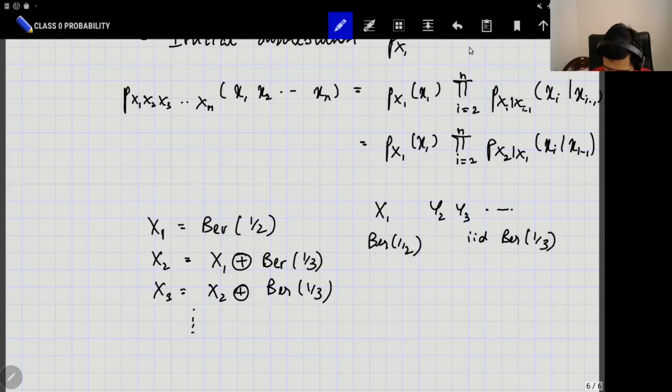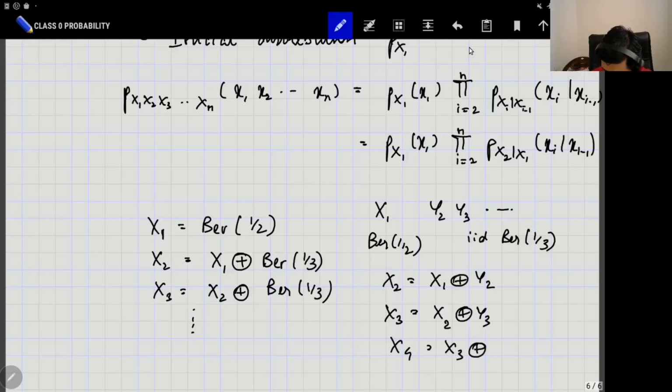And x2 is x1 XORed with y2, x3 is x2 XORed with y3, x4 is x3 XORed with y4 and so on, right?